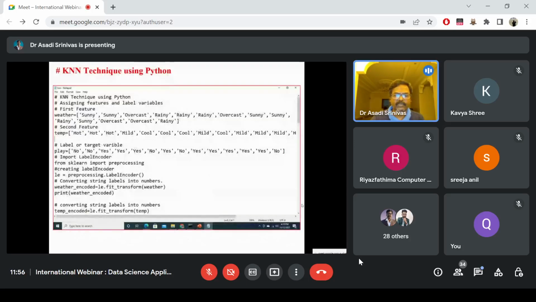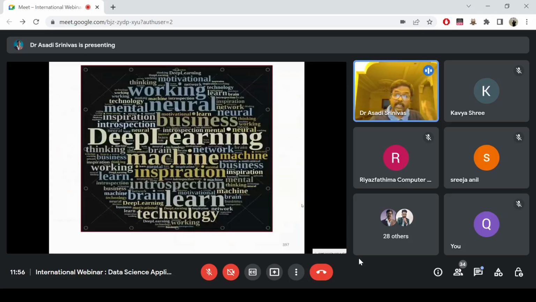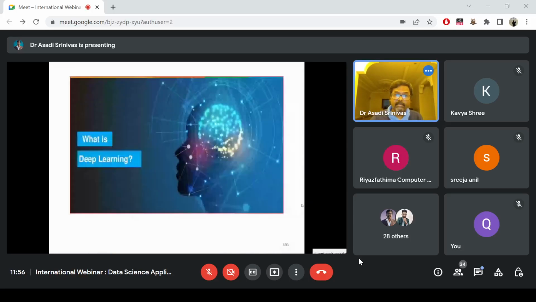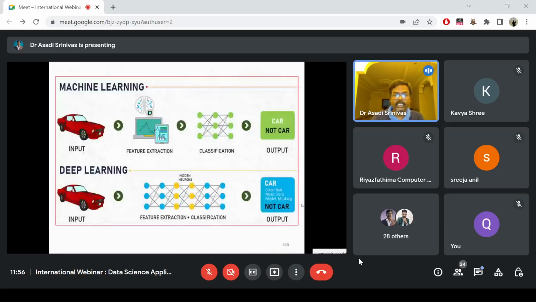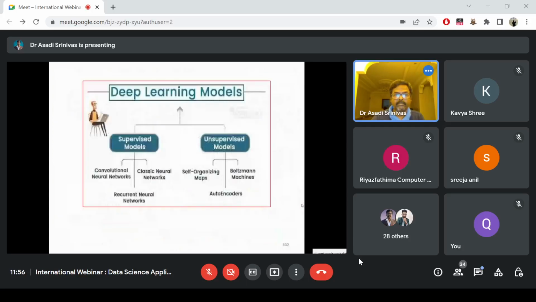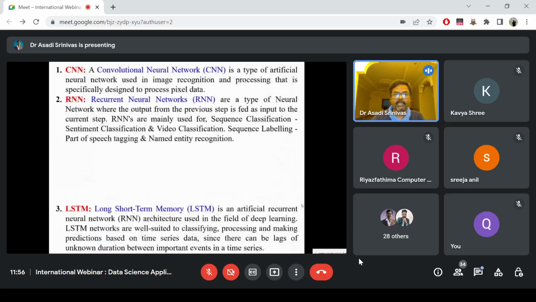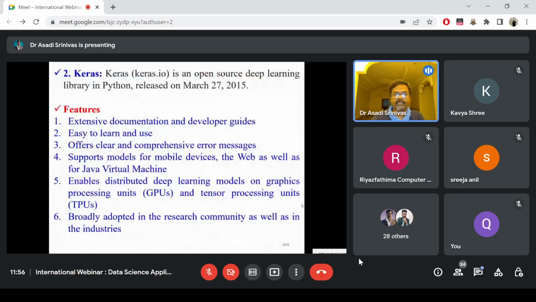Now this is the k nearest neighbor technique, KNN. Then deep learning techniques. See, because of time, I am going directly to the practical part and explaining the demonstration.